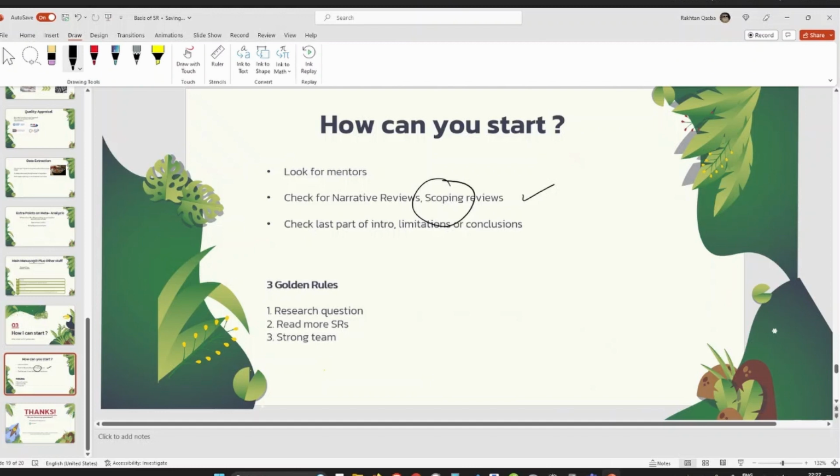As simple as that. So what we used to do classically before AI, we used to read different papers, narrative reviews, scoping reviews, to see if there is a scope for a systematic review on a particular topic. We particularly check the introduction section of the narrative review or scoping review. We'll check the limitation section, or the conclusion.